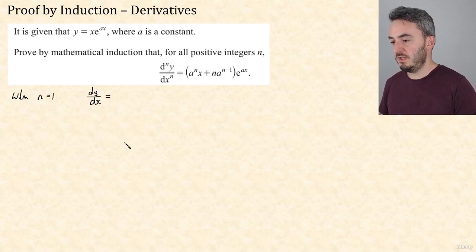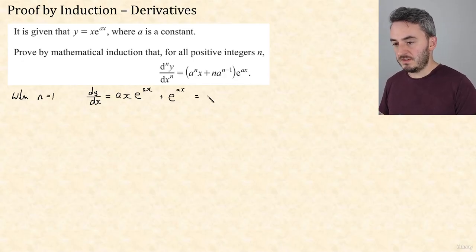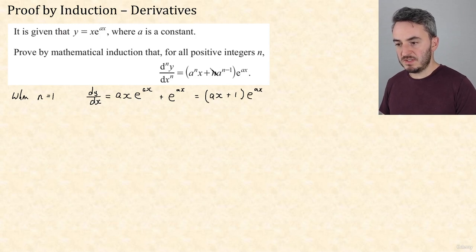So it's uv dash, so that's going to be x, and then v dash is a e to the ax, plus u dash v, which is just 1 times e to the ax. We can factorize out e to the ax, and we're left with ax plus 1 times e to the ax.